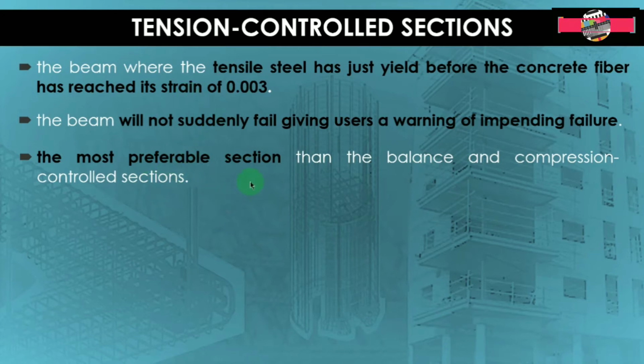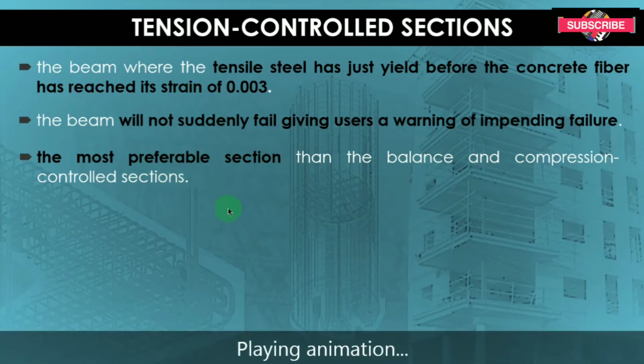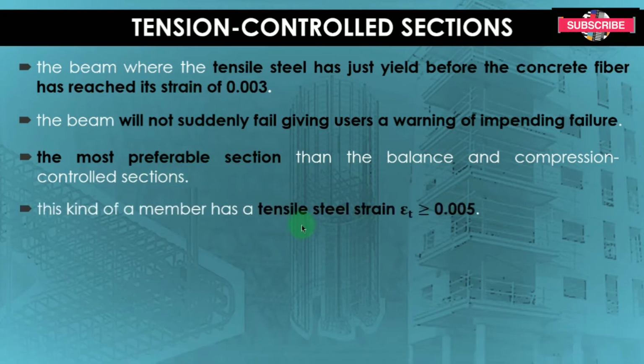So ito yung tension control section, and this kind of a member has a tensile strain denoted by this epsilon t greater than or equal now to 0.005. So take note of this, no, because mahalagang maintindihan natin, no, yung mga boundaries at saka limitation ng strain ng every section natin.